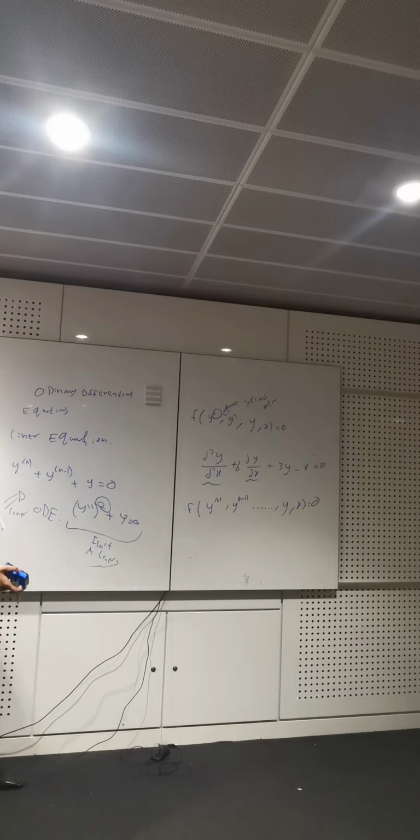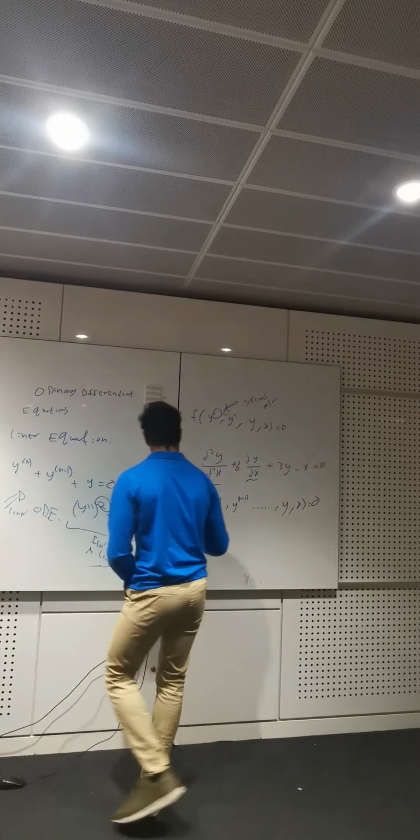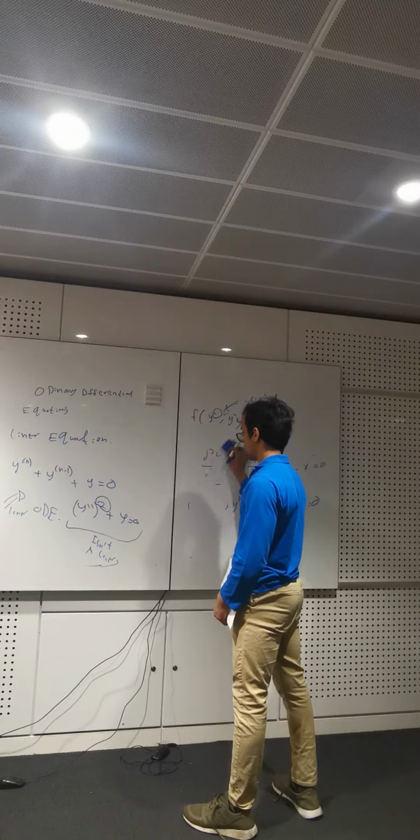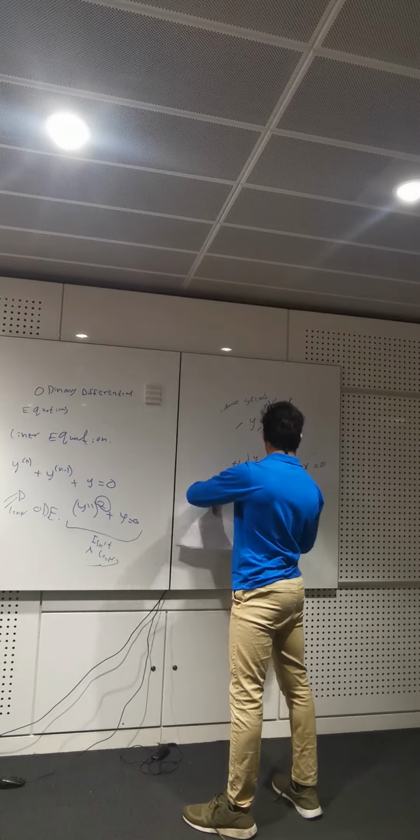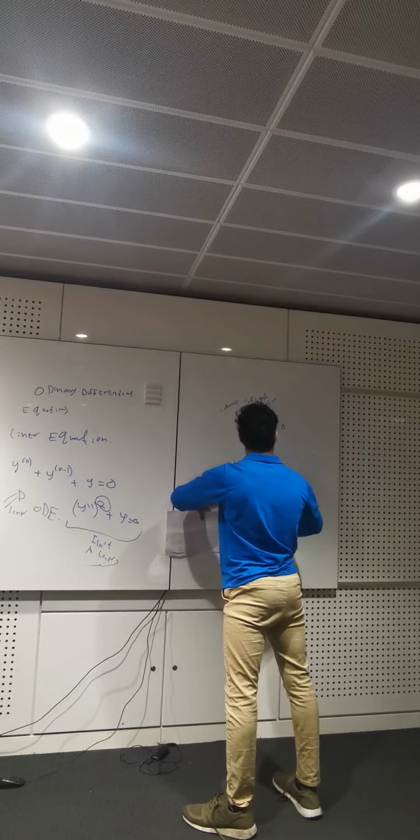Once we have the second derivative squared, it does not become a linear ODE. So this is what's called a linear ODE, and it's important to know when we have one.